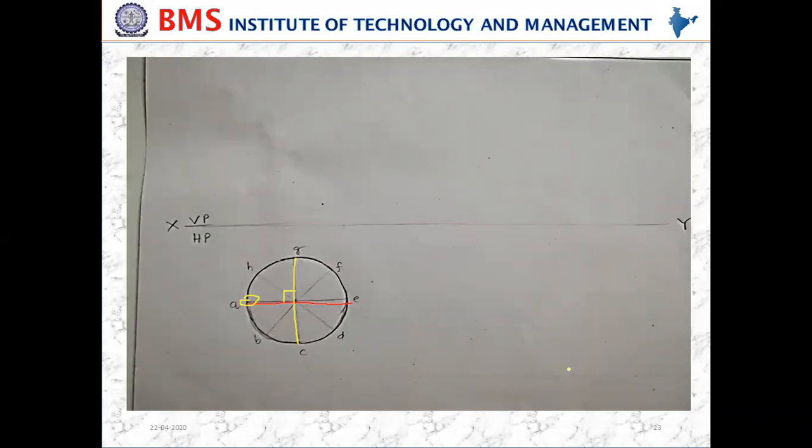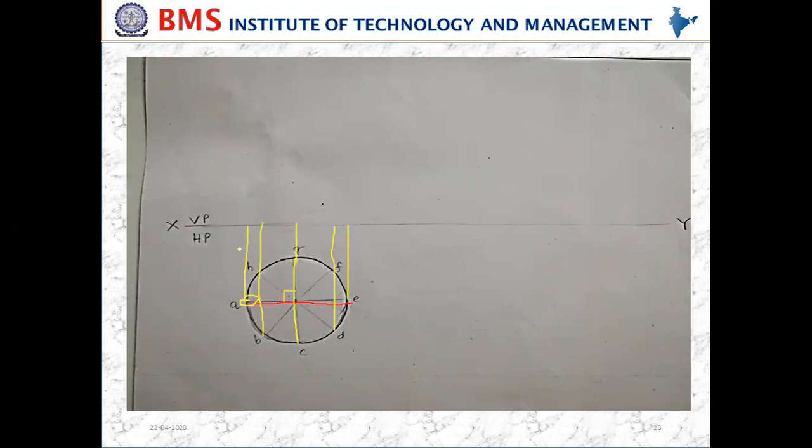So in the third position, we need to make CG parallel to VP. In the initial position, you just draw the circle and draw the projections upward, from A, then B and H, onto this XY line, from C and G like this, then from D and F like this, and then from E like this.